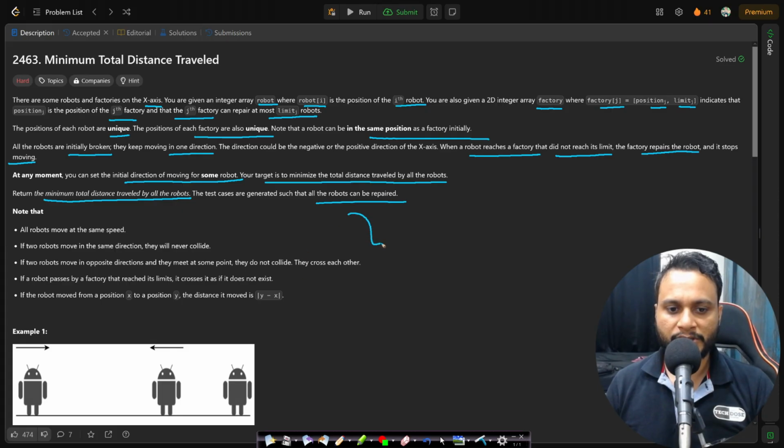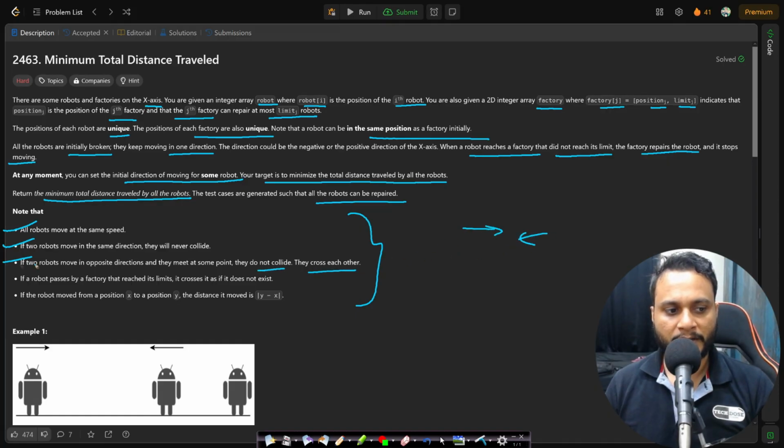Now, the conditions to note here are extremely important to solve the problem. Let's look at them one by one. All the robots move at the same speed. If two robots move in the same direction, they will never collide. If two robots move in opposite directions and they meet at some point, then they do not collide. They just cross each other.